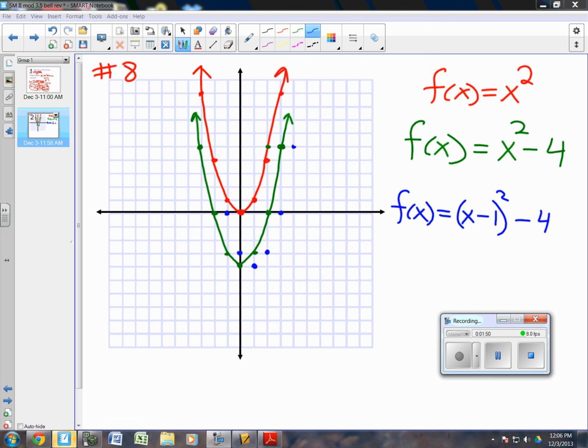Every point's going to move to the right one, so you're going to get this shape right here. Any questions on that? You should know which way it shifts according to what's up here: f of x equals x minus 1 squared, subtract 4.